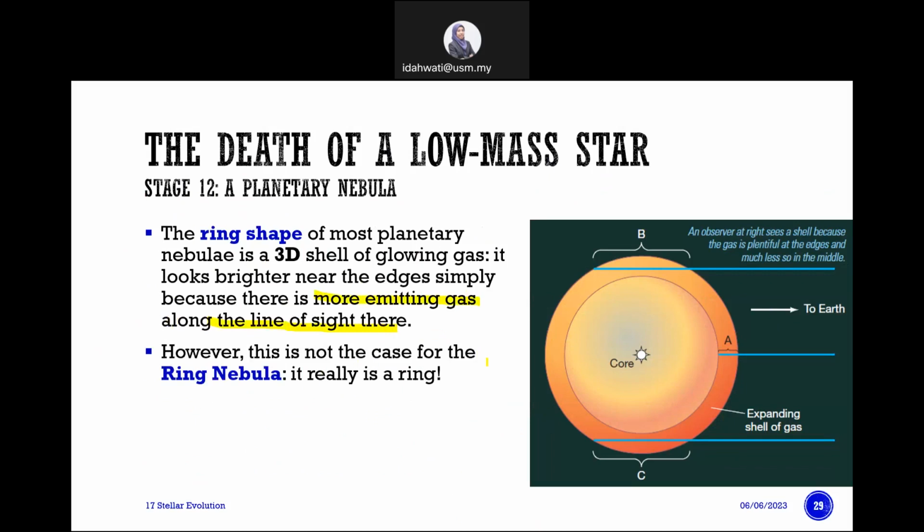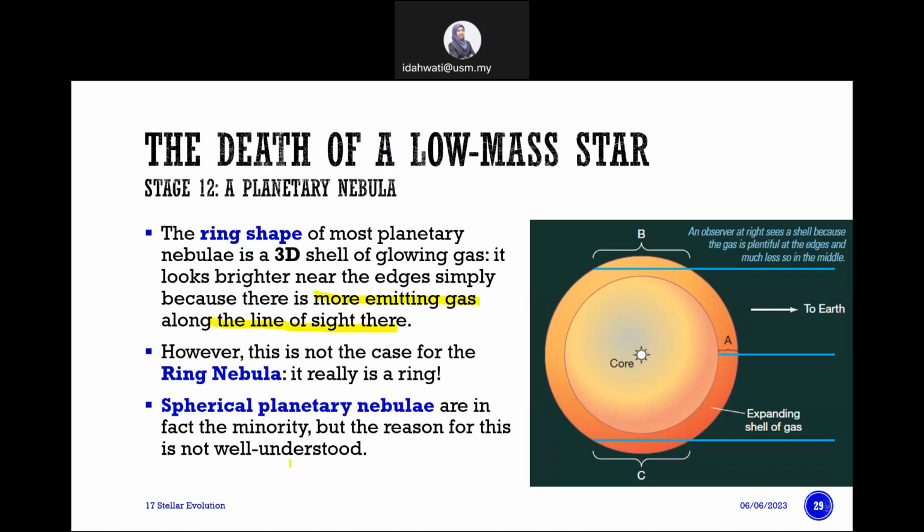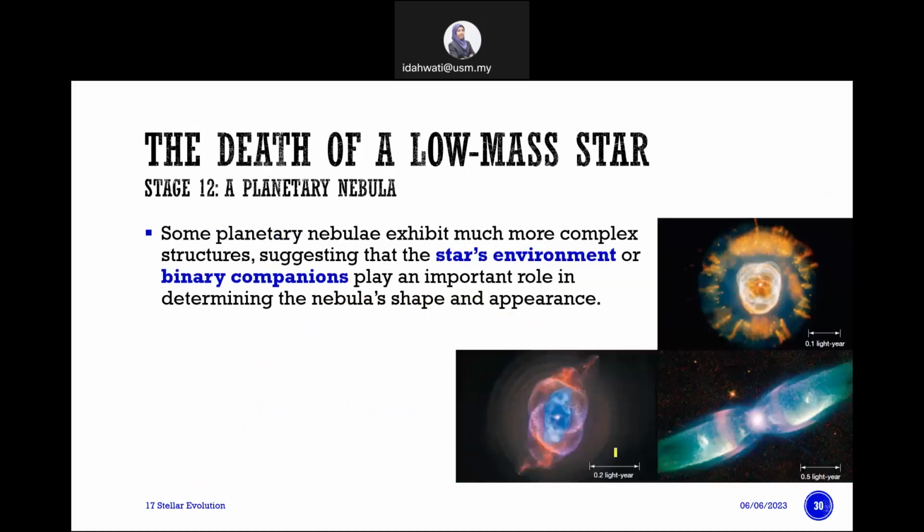However, this is not the case for the Ring Nebula. It really is a ring. And spherical planetary nebulae are in fact the minority, but the reason for this is not well understood. Also, in the picture we can see the star's environment or binary companions play an important role in determining the nebula's shape and appearance.